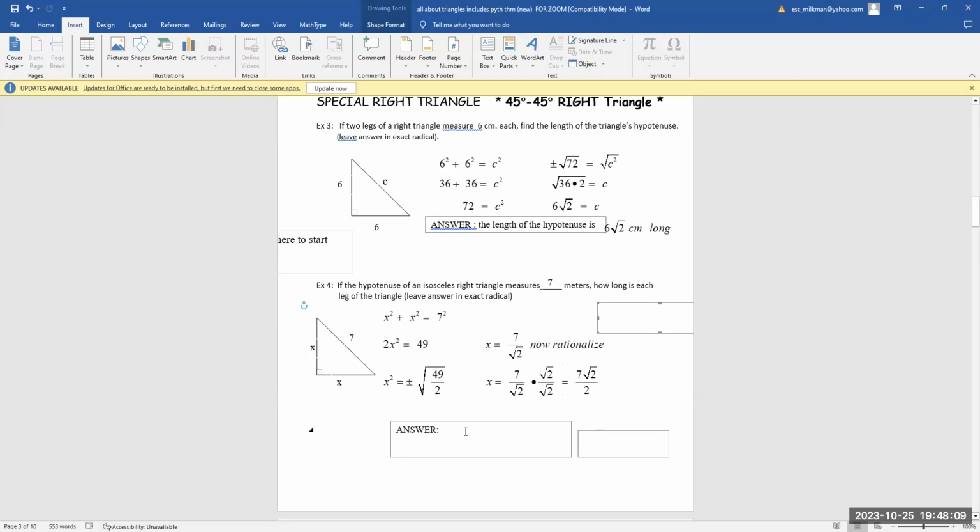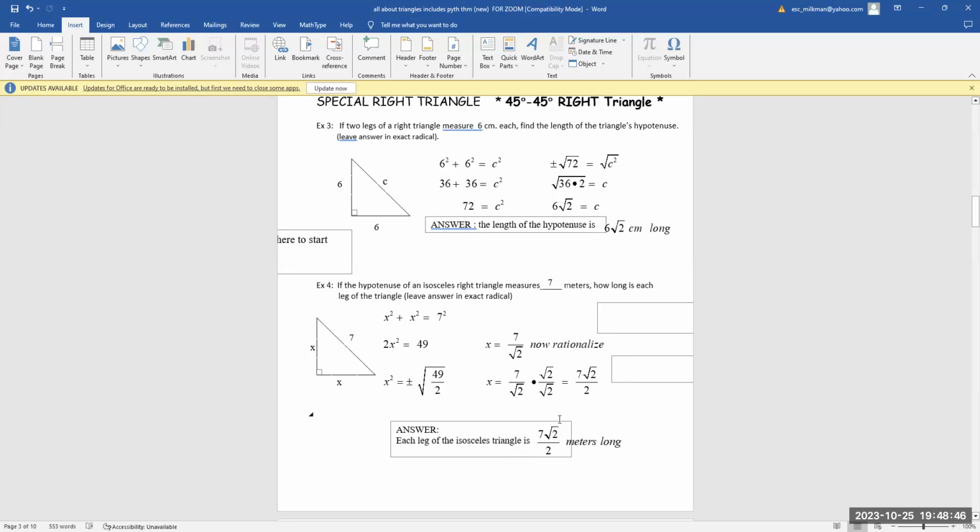So our answer, what are we asked to do? We're asked how long each leg of the triangle is. So my answer is each leg of the isosceles triangle is 7 radical 2 over 2, and this happens to be meters in the problem, so I'm going to say meters long.